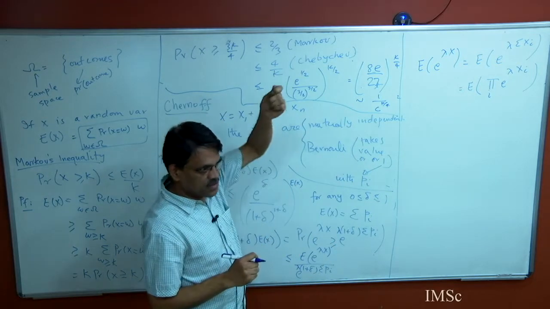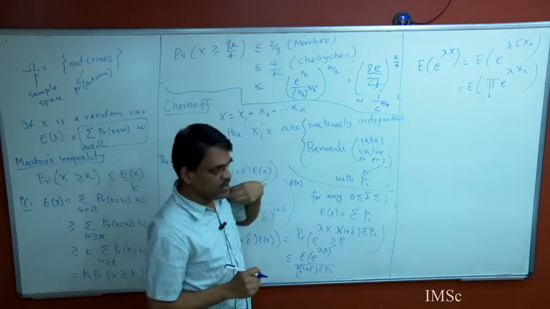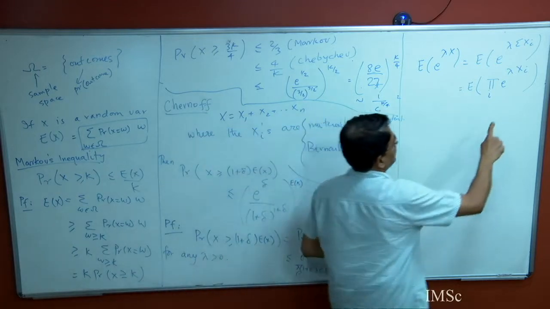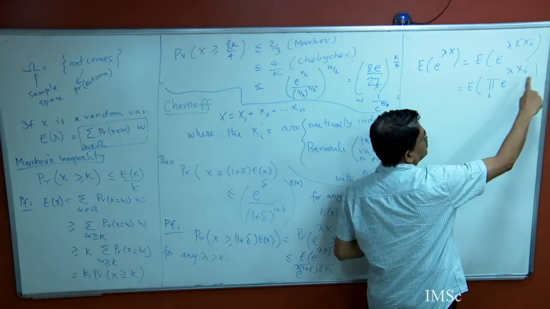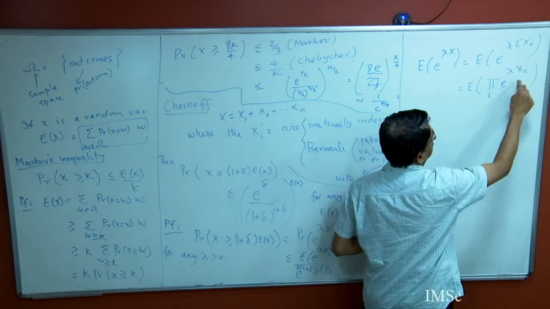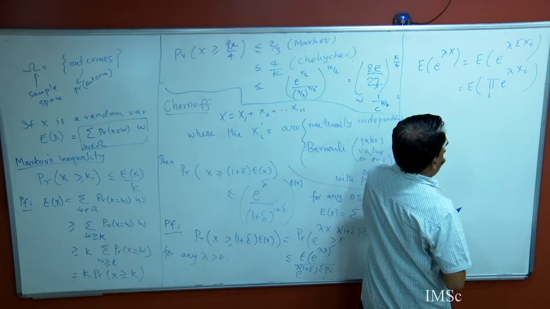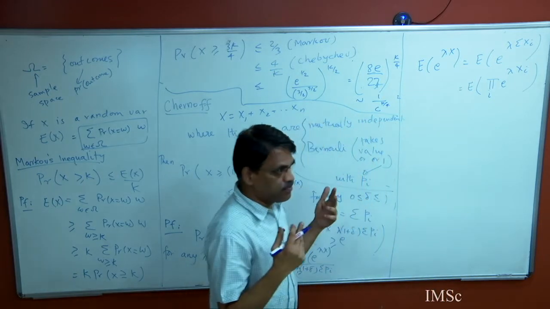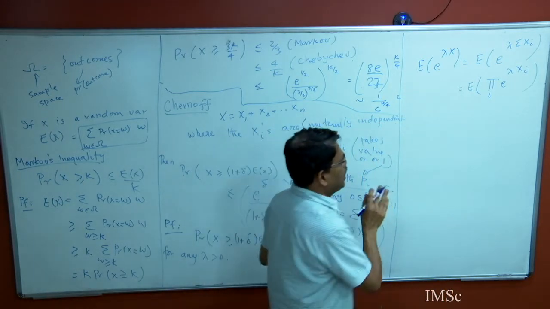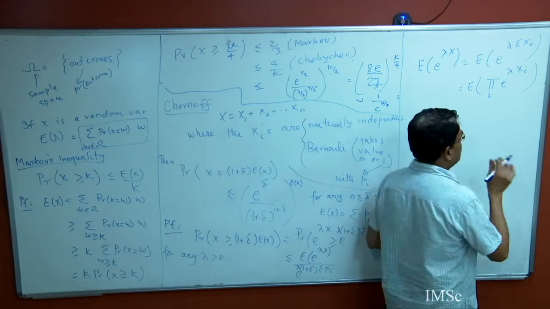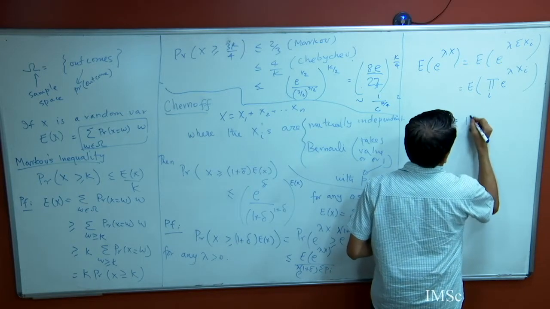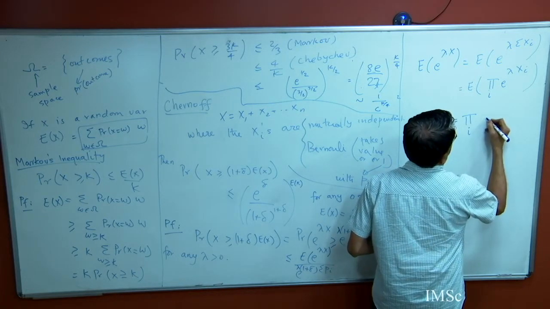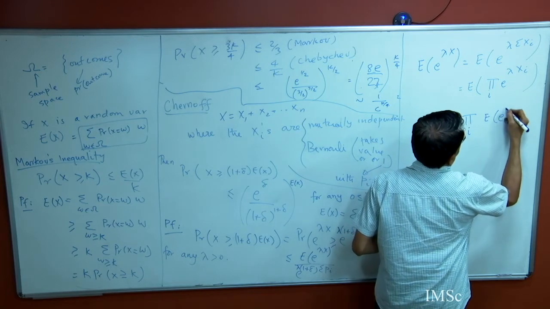Because lambda summation xi is in the exponent, so e power lambda x1 into e power lambda x2 into and so on is exactly this. Okay. Since these xi's are independent, I can take the expectation inside. So this is equal to the product over i of the expected value of e power lambda xi.